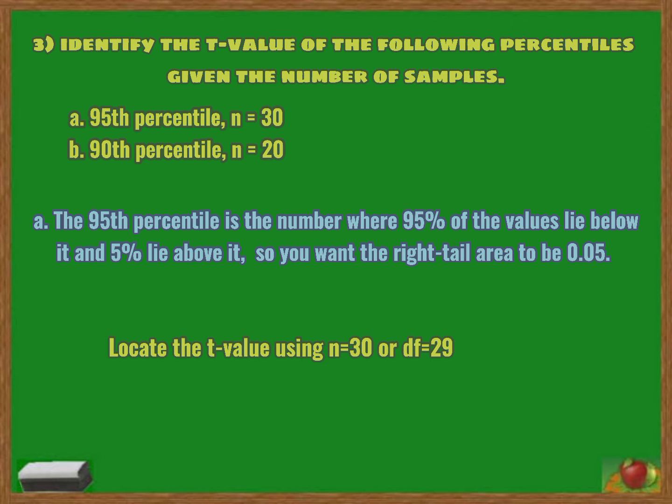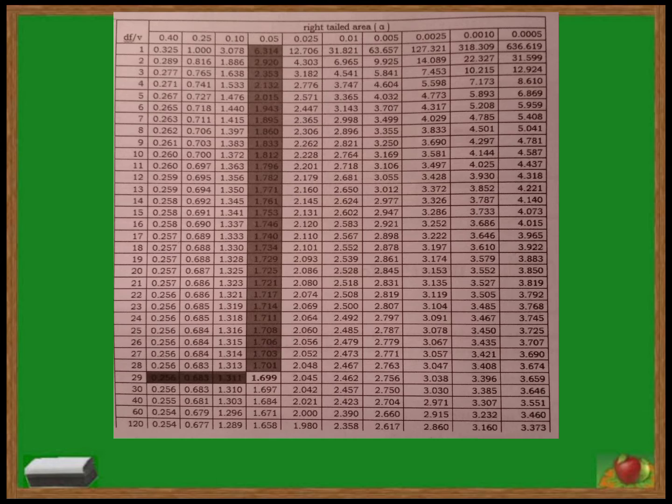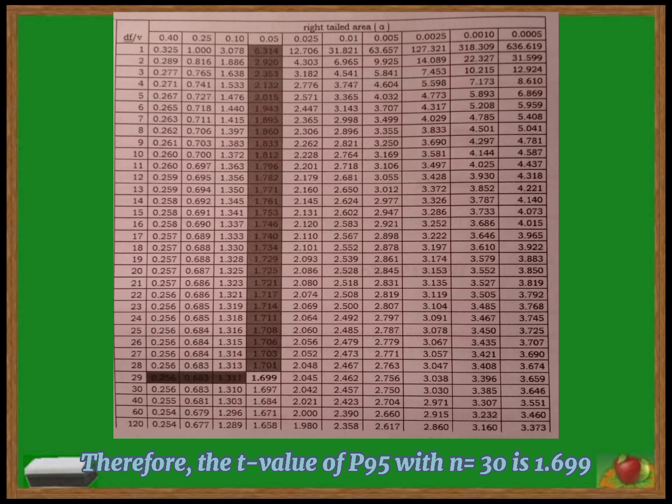So you want the right tail area to be 0.05. Locate the t-value using n equals 30 or df equals 29. Hahanapin na po natin yung 0.05 sa right-tailed area at yung degree of freedom na 29. So, therefore, the t-value of the 95th percentile with a sample size of 30 is equal to 1.699.